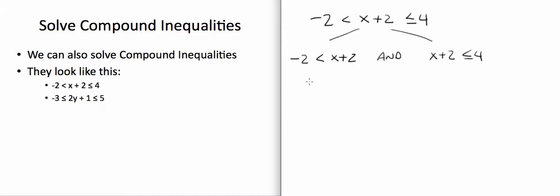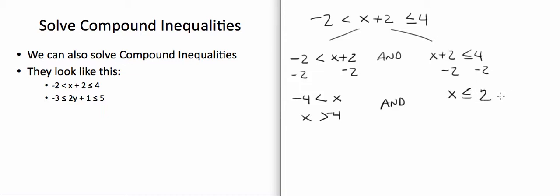So now we're going to solve each one individually. So we're going to subtract 2. It's going to give us -4 is less than x, which we know is x is greater than -4. And we solve here, we subtract 2, we subtract 2. We have x is less than or equal to 2.